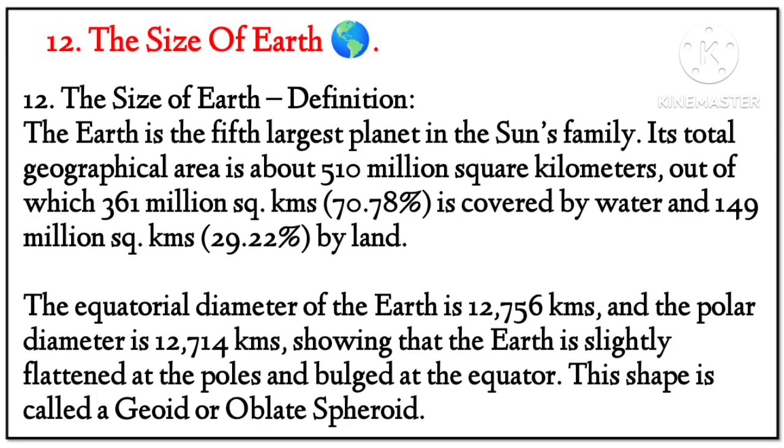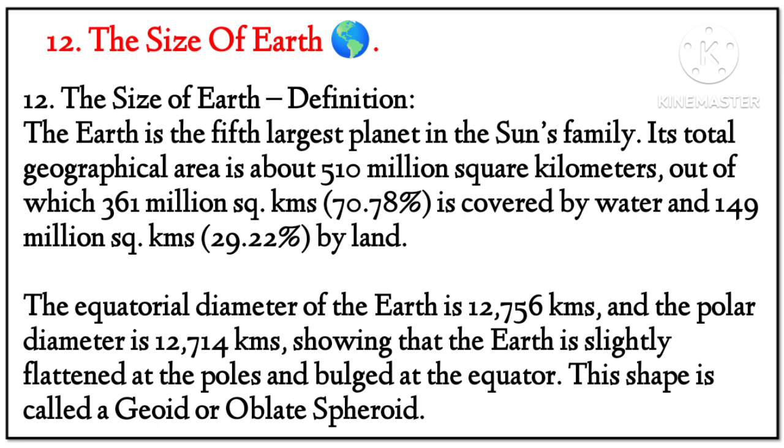Next, 12th, the size of Earth. The Earth is the fifth largest planet in the Sun's family. Its total geographical area is about 510 million square kilometers, out of which 361 million square kilometers, 70.78% is covered by water, and 149 million square kilometers, 29.22% by land.